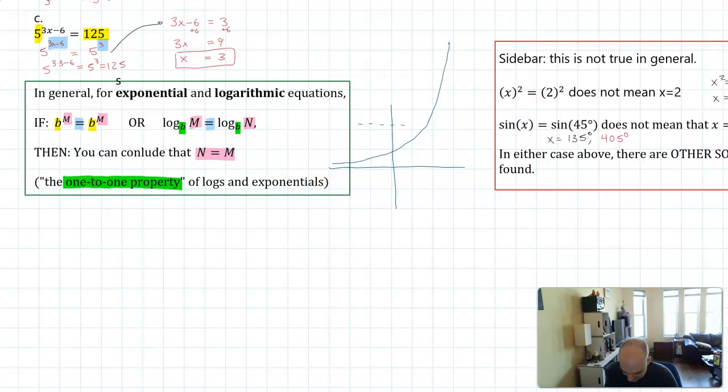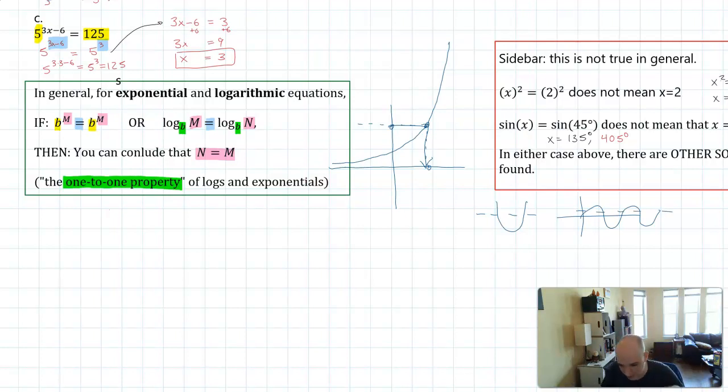So every x maps with exactly one y, which means that even if we get rid of the function itself and we just look at the inputs, we're still going to have a match between the inputs. On the other hand, x squared looks like this, does not pass the horizontal line test, and neither does sine x. So those are not one-to-one functions, so you can't use the one-to-one property on them.